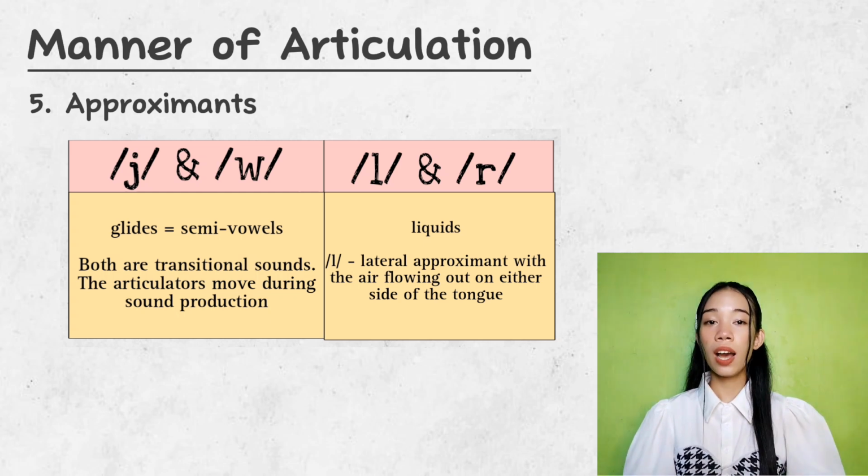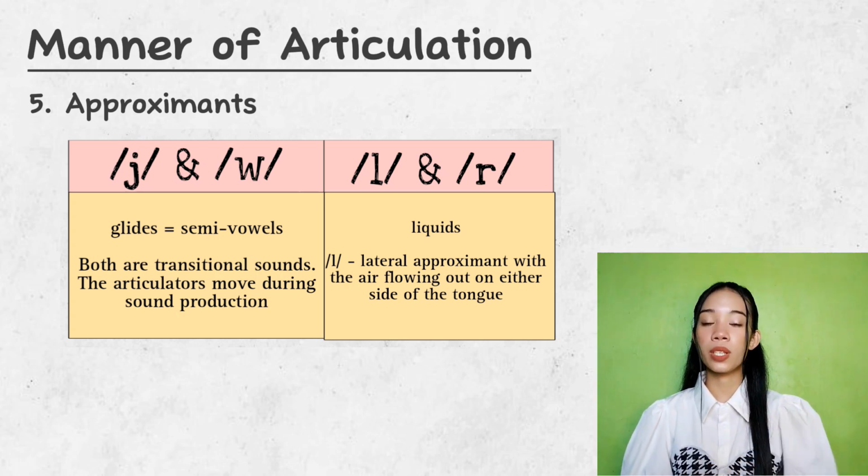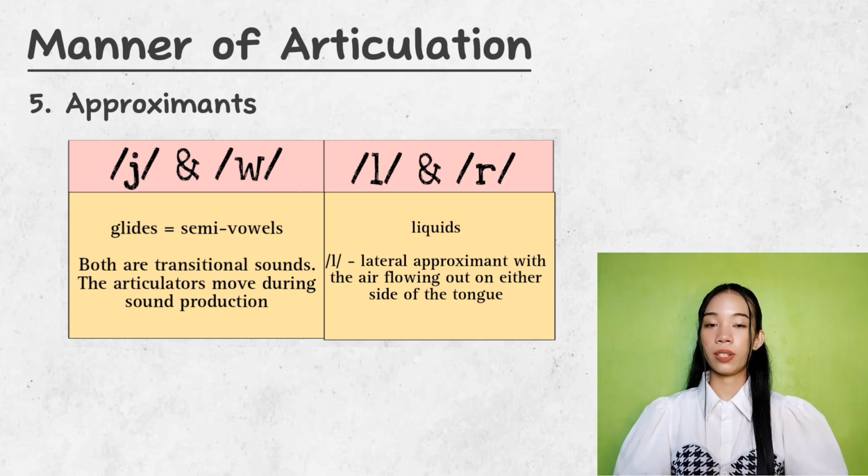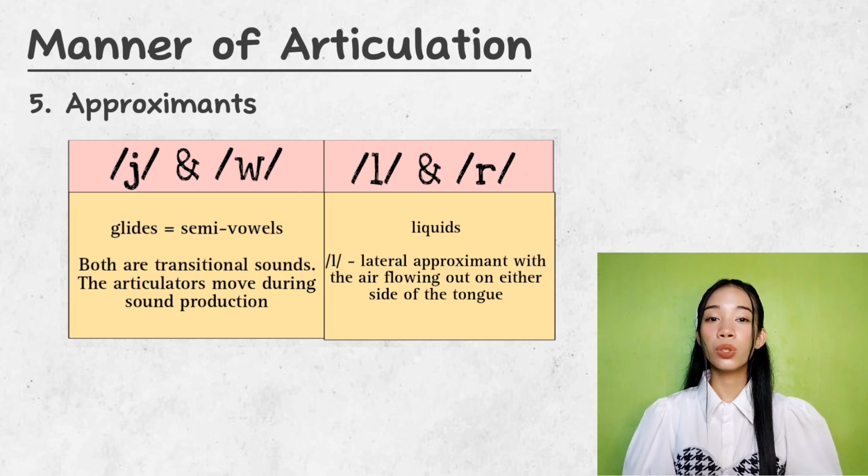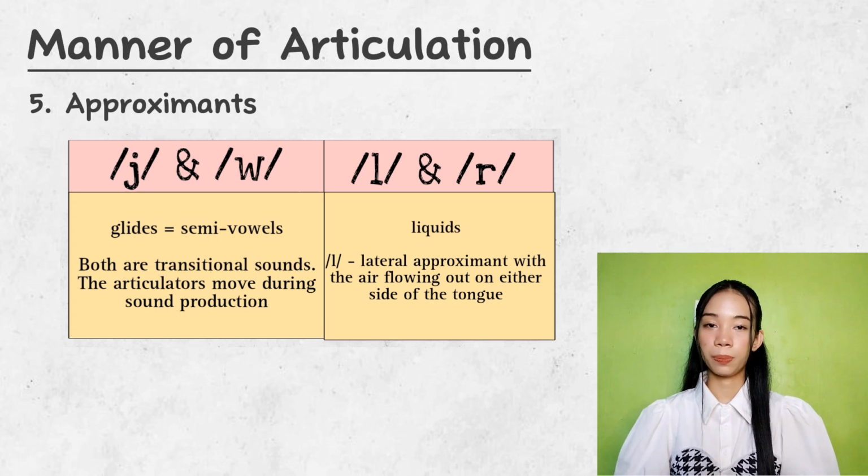If you say y and w, just pay attention to your articulators. For y, there's little movement in your tongue when you form the sound. And the same with w, there's movement in your lips, also articulators. So because of this movement, both of those are called transitional sounds. And that just means the articulators are moving during the sound production.